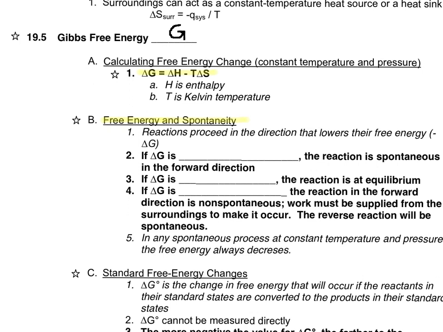If delta G is negative, the reaction is spontaneous, and that is absolutely true all the time. If the change in free energy is 0, our reaction is at equilibrium. And if it's positive, that means this is non-spontaneous, and you have to push it to make it happen. However, the reverse reaction is going to be spontaneous.